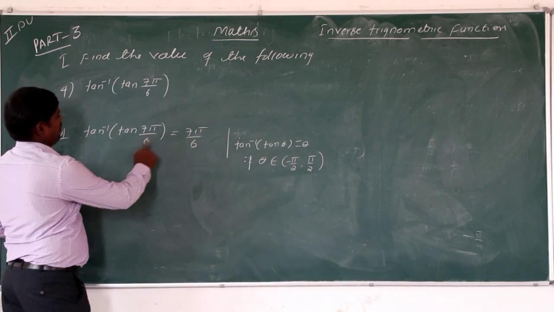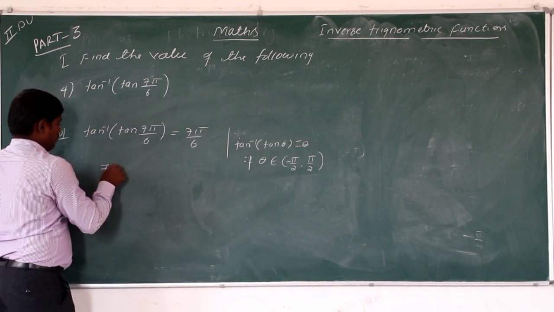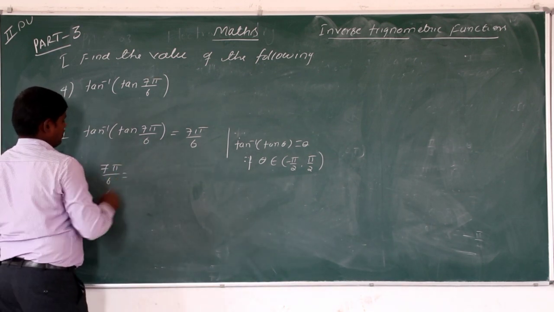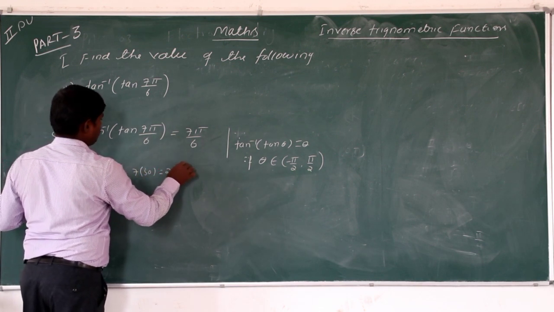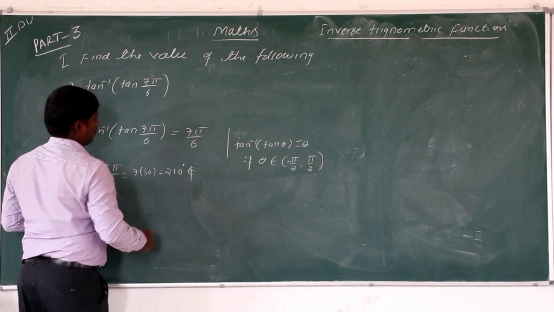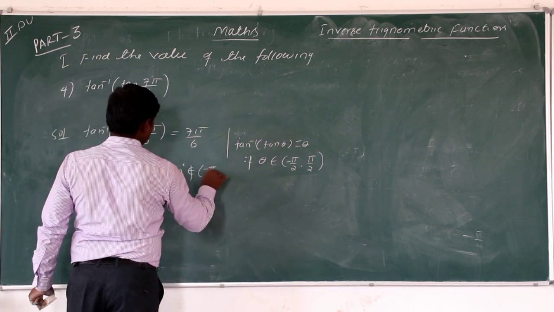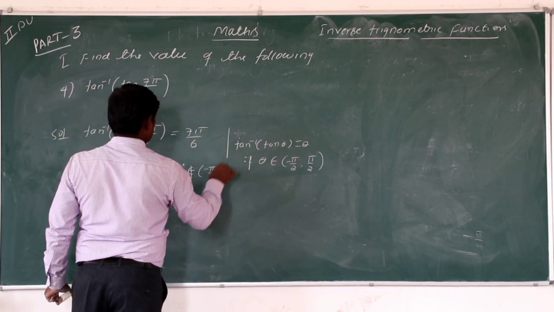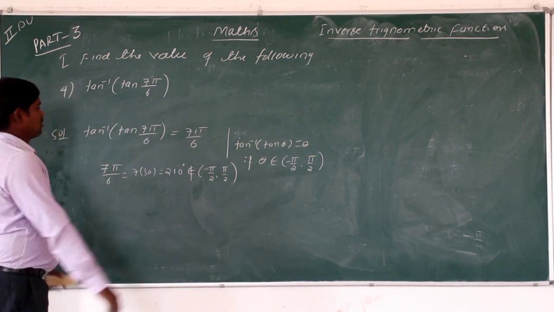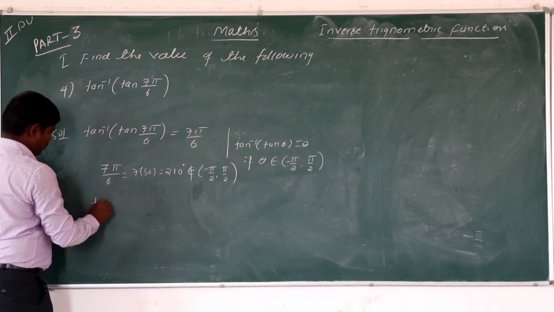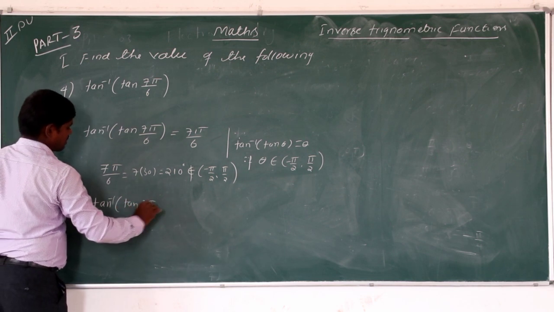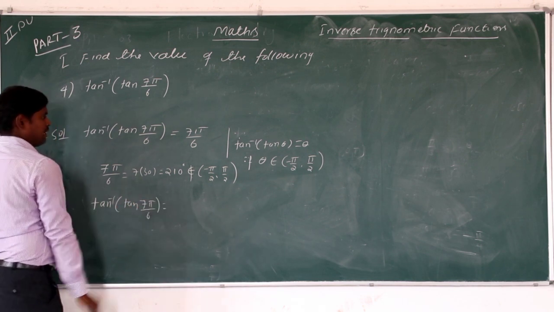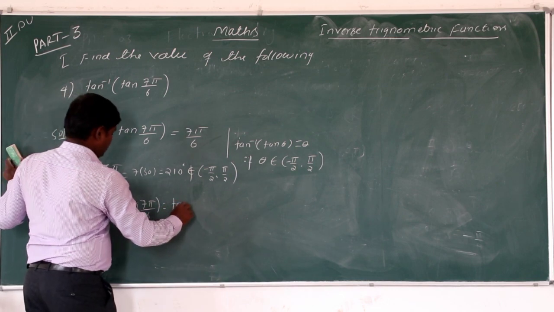So 7 pi by 6 is nothing but 7 into 30, 210 degrees. So this does not belong to minus pi by 2 to plus pi by 2. Therefore we need to change this one.